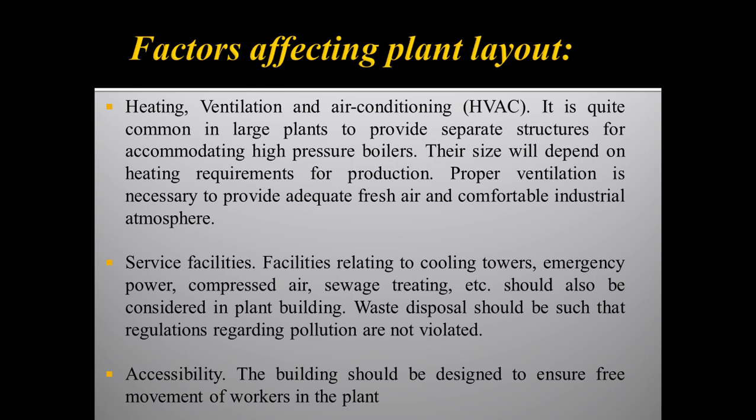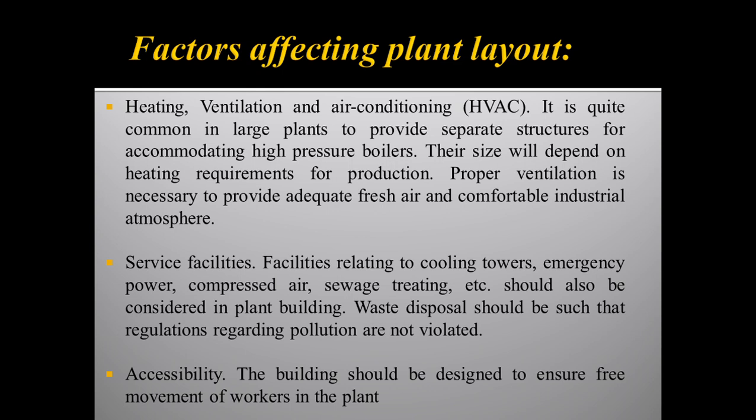Proper ventilation is necessary to provide adequate fresh air and a comfortable industrial atmosphere. Some manufacturing processes require considerable ventilation or controlled temperature and humidity.